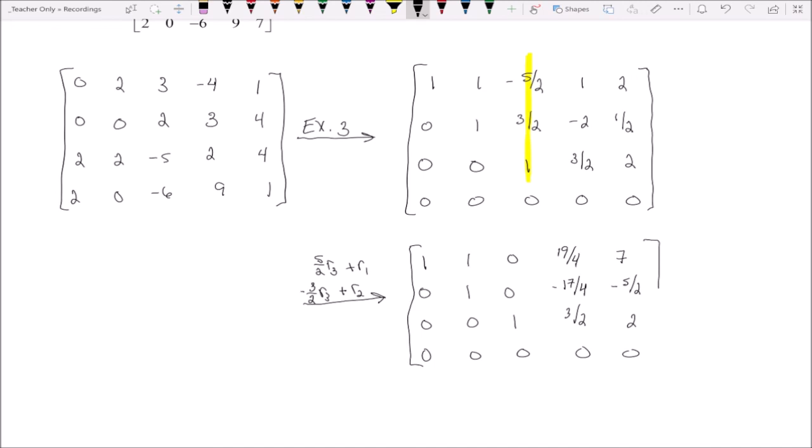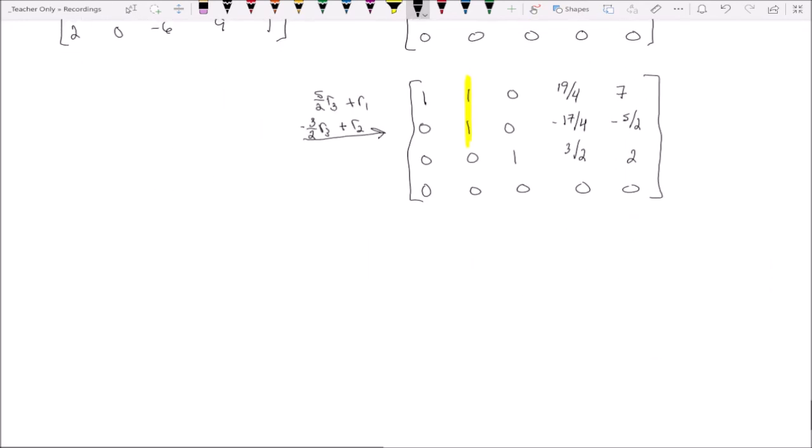Now that we've done that, we move up to row 2. Column 2 has the leading 1. So we want to zero out the 1 entry that's above it. And that can be done by taking negative 1 times row 2 and adding it to row 1.